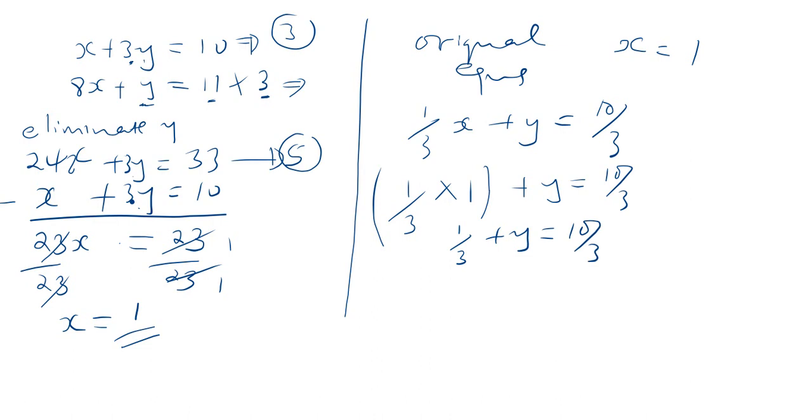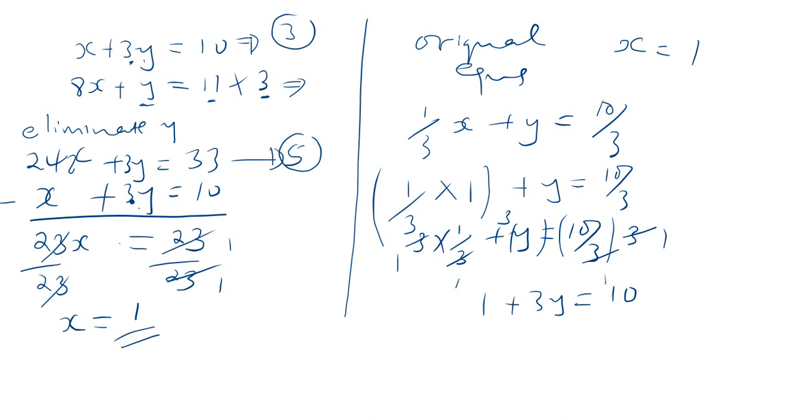We can multiply through by the LCM, which is 3. By 3, a third by 3 is 1. We remain with 1 plus 3y is equal to 10.